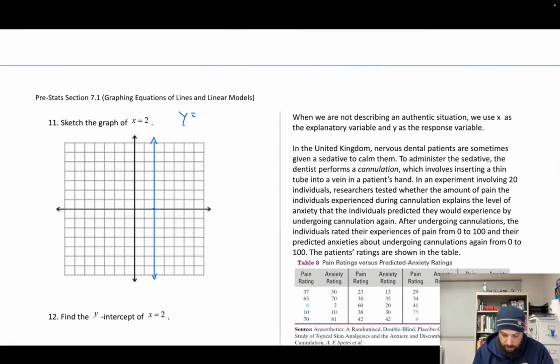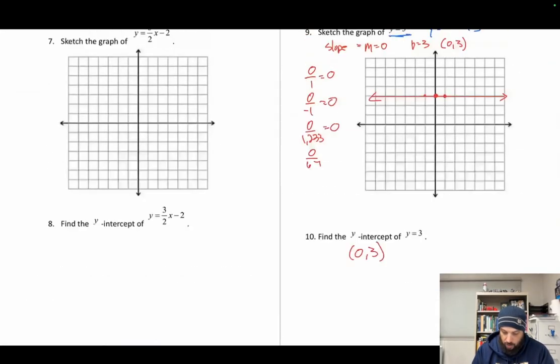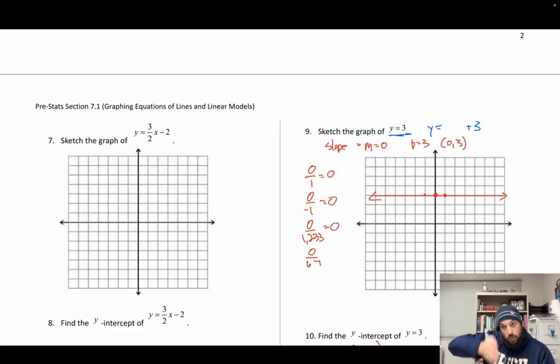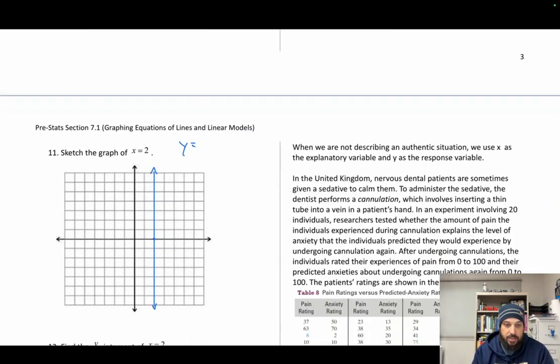So if you notice, comparing these two, for y equals 3, y is a vertical number, so we plot it on the vertical line, but it runs horizontally because we need y to always be equal to 3. And then x equals 2.